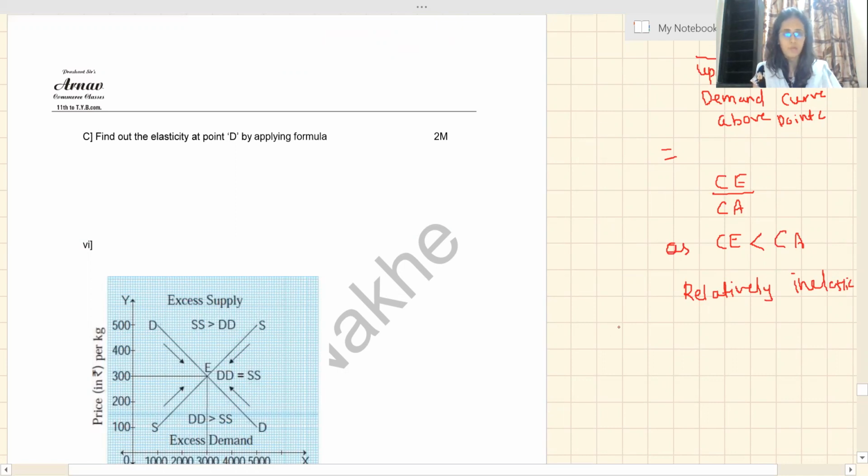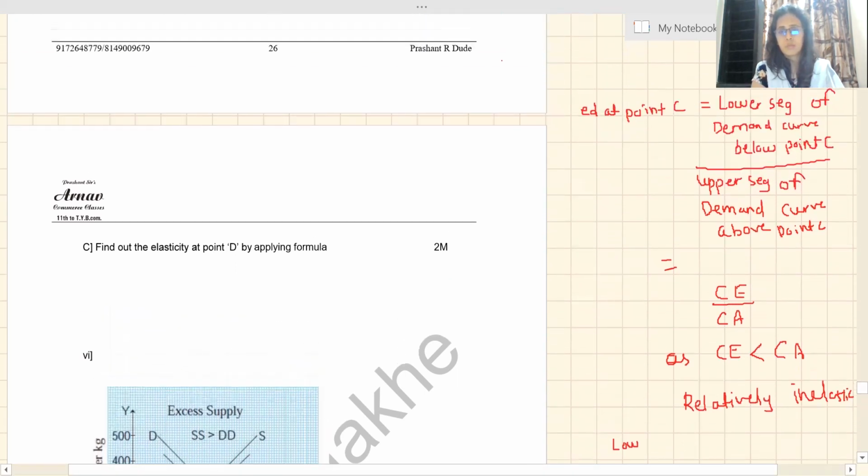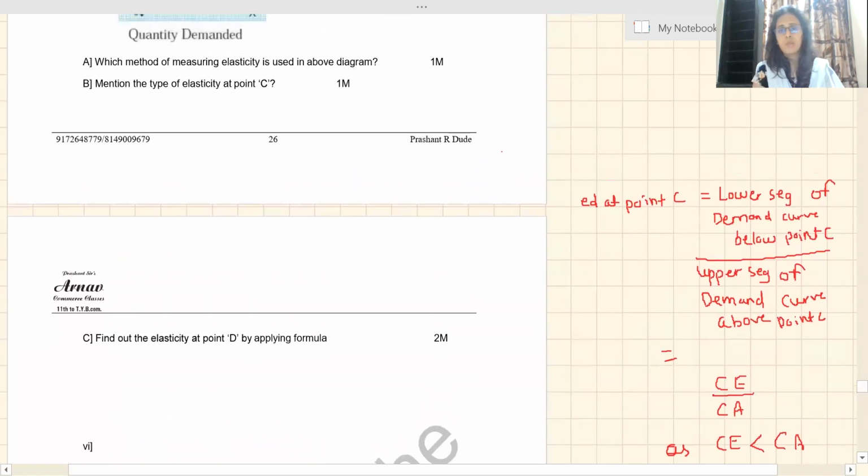So next is find out the elasticity at point D by applying the formula. Here you are going to write the same formula. I will show it again. Lower segment, now my points I will change.